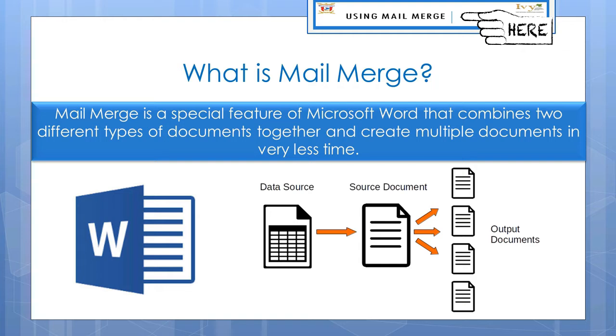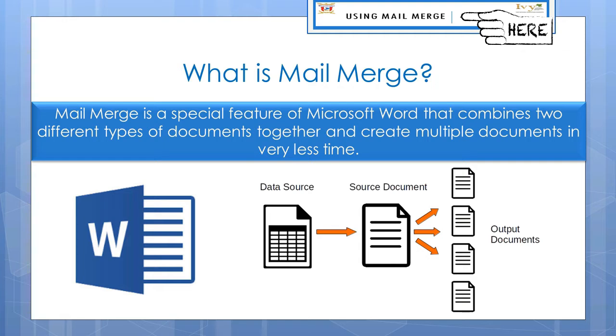Basically, in mail merge, if we want to give an invitation or a letter, or we need to send an application to someone, and the content is 90% similar for various people, only the address, the names and the personal details of those people will change. In that case we can use mail merge.